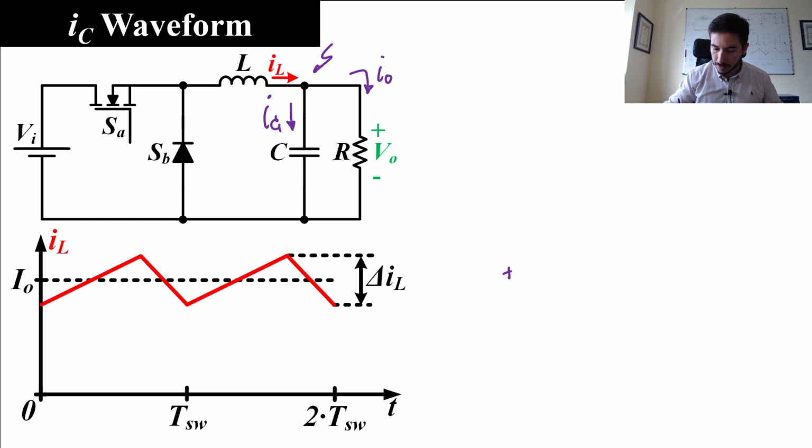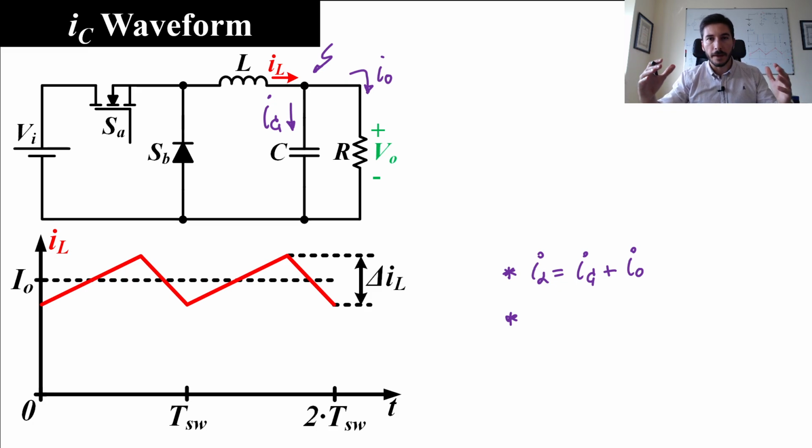First point is that if we apply Kirchhoff current law in that node, we can say that part of the inductor current flows through the capacitor and another part flows through the load. This is the first point. Second point, the output voltage is quite constant. We know that we have some ripple, but in practice it's quite constant.